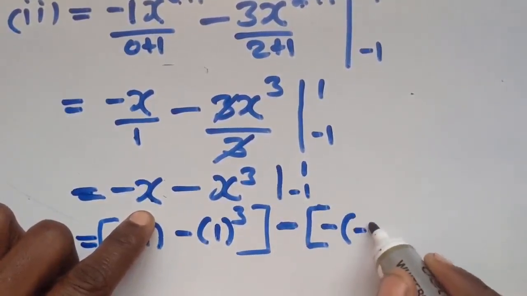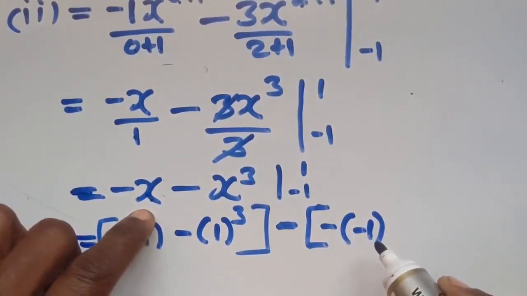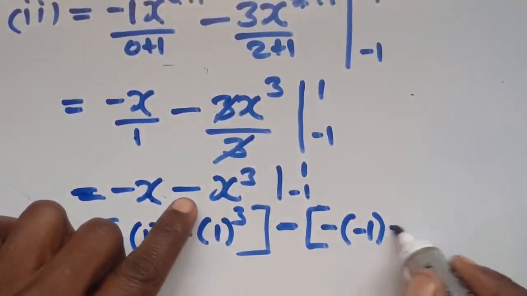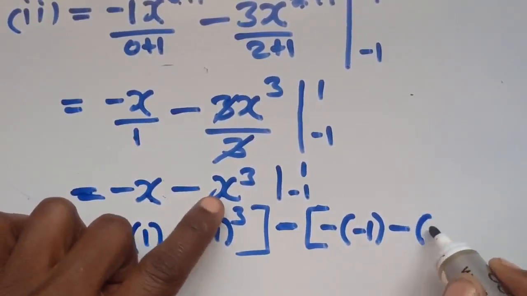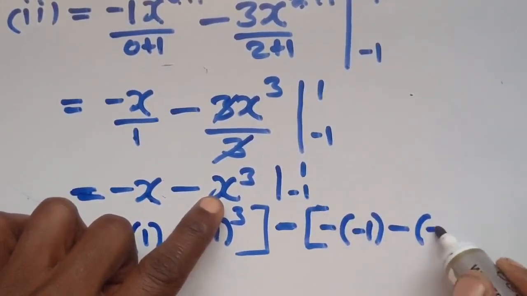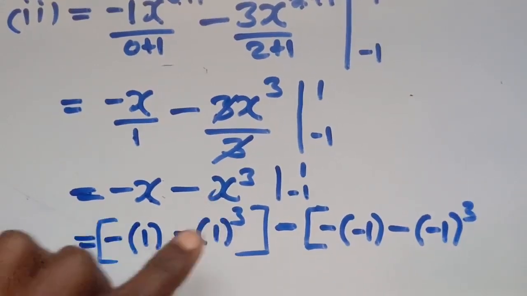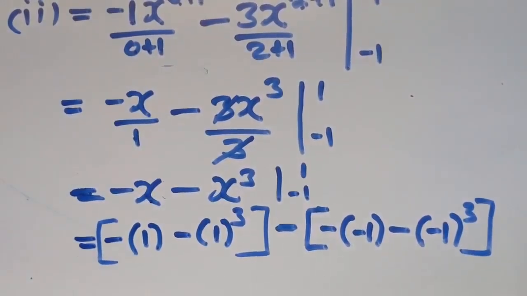So we have -1. Have you seen the importance of putting brackets? So that is what we are supposed to do. Then we go on and say there is negative, open bracket, where there is x, we put a -1. Then power 3. Okay, we are going to put it in a bracket.